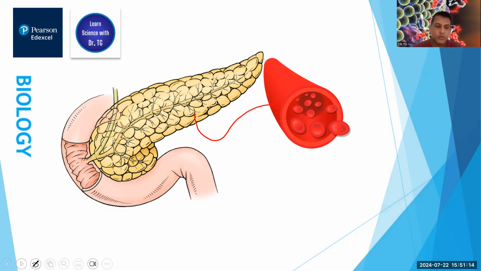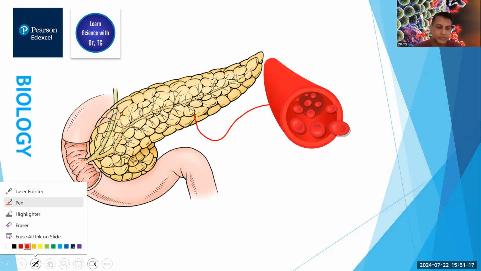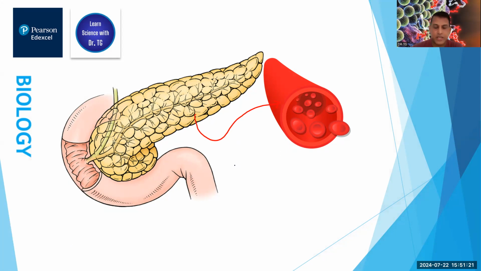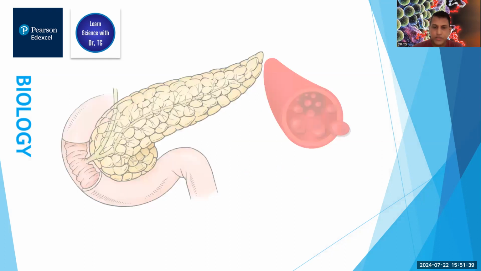Insulin lowers blood glucose level. So insulin helps to reduce blood glucose level. So after a meal, carbohydrate increases glucose level in the blood, and then this glucose level again decreases in the blood. So how does insulin lower the blood glucose level?